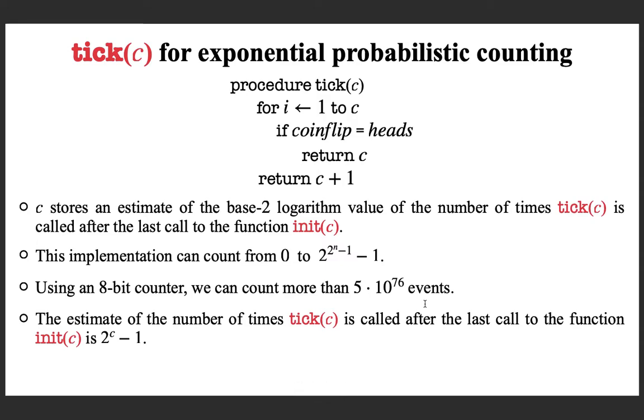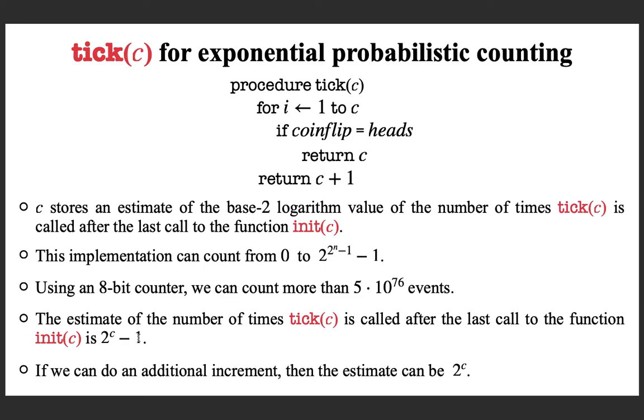And the estimate of the number of times tick is called after the last initialization is 2 to the power c minus 1. That is what we saw. What count is returning, if c is the present value, which is log t, is 2 to the power c minus 1. But you know that because it is log t, to be correct, what you have to return is 2 to the power c, but not 2 to the power c minus 1.